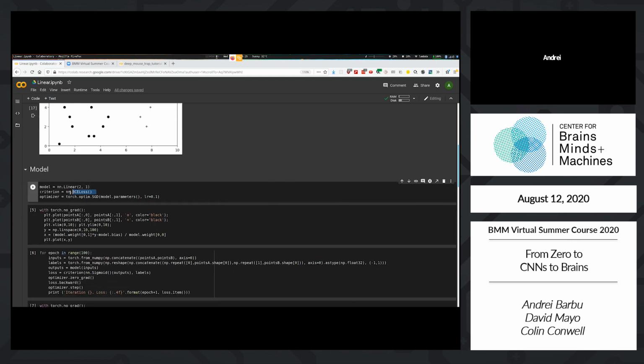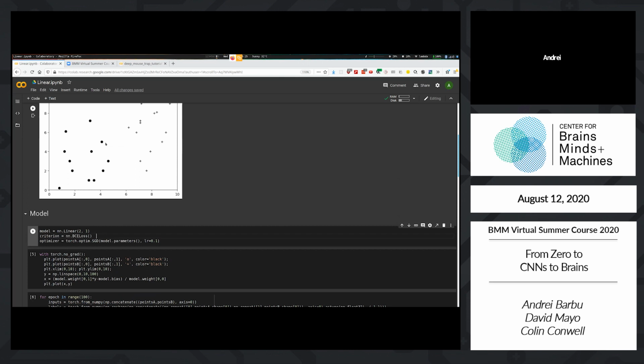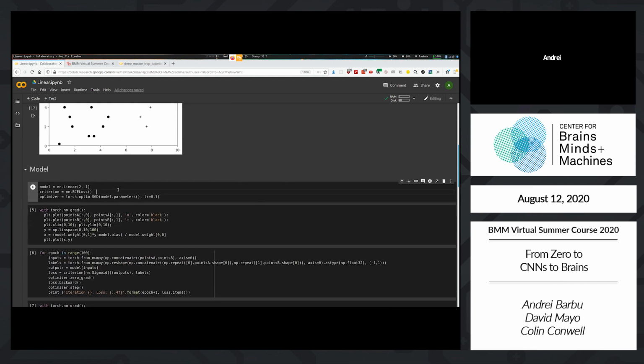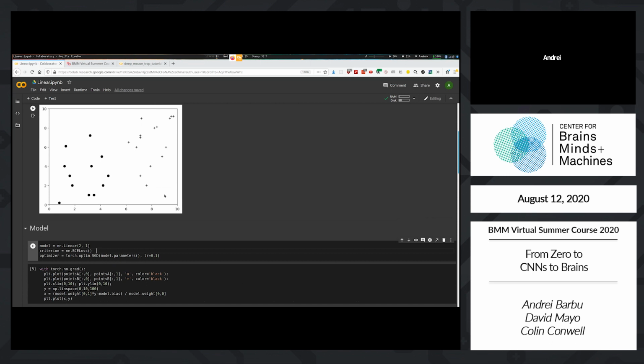We're going to have a criterion, a loss, that defines the shape of that landscape that we looked at a moment ago. In this case, we're going to use the binary cross-entropy loss. All this is going to measure is how many points are being misclassified as part of one class as opposed to the other.